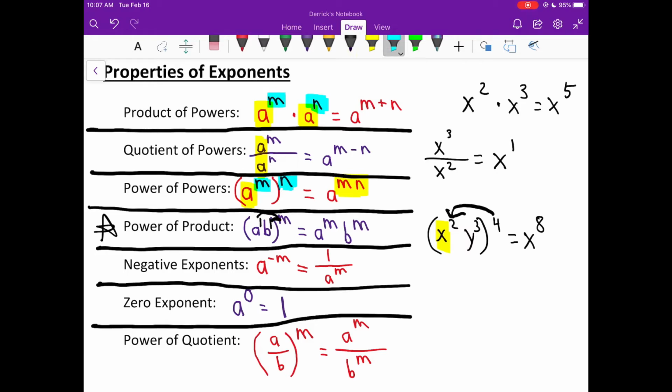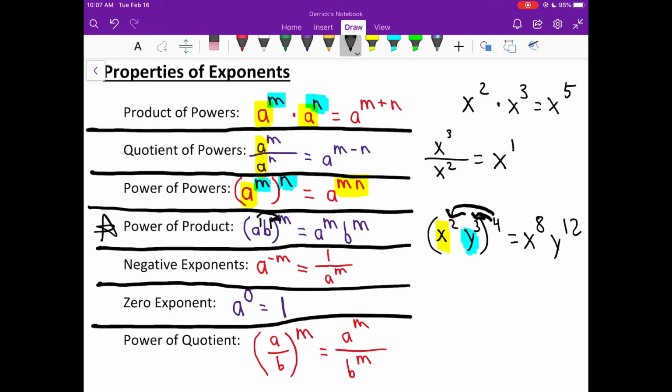Likewise, with this y term here, focusing on just the y term now, that is being both taken to the third and taken to the fourth. So if the y base has two exponents going to it, the 3 and the 4, then we need to multiply 3 times 4 to give us y to the 12th. That's what the power of a product is saying.